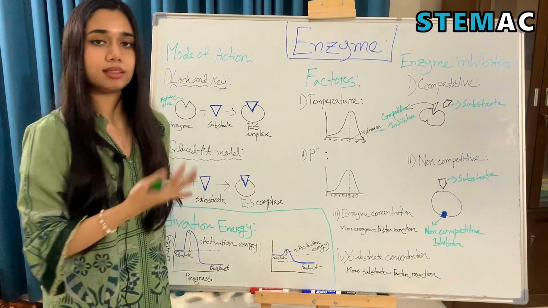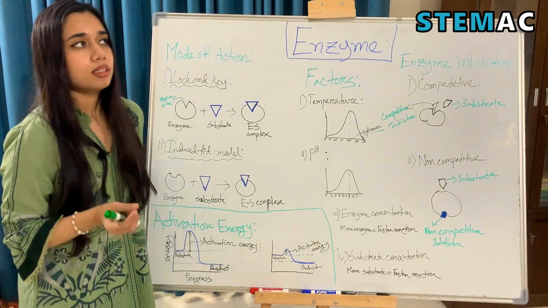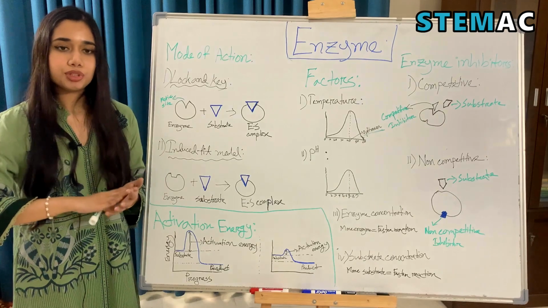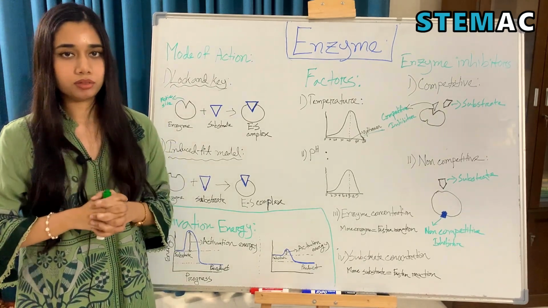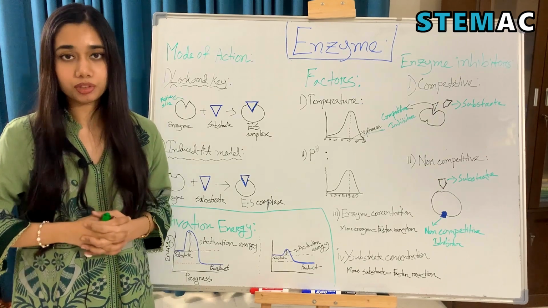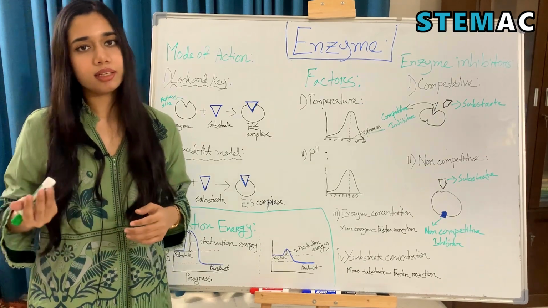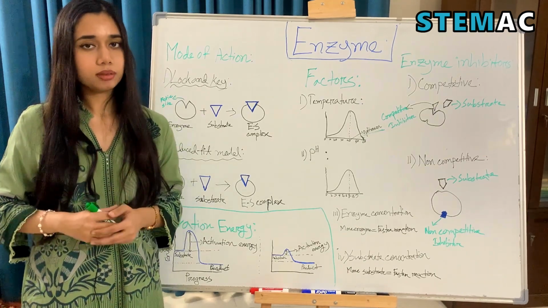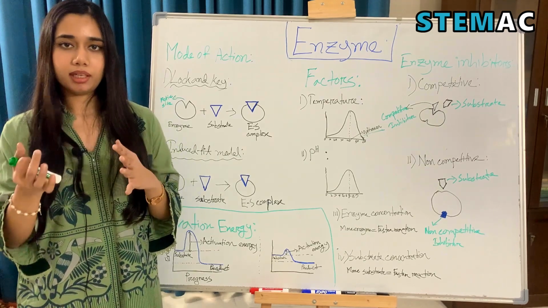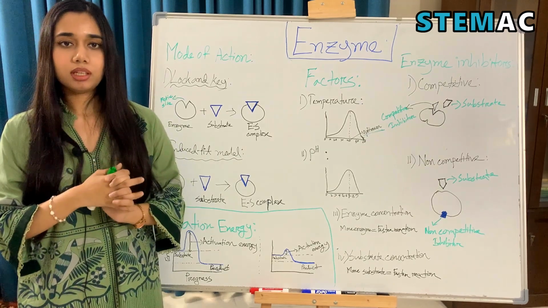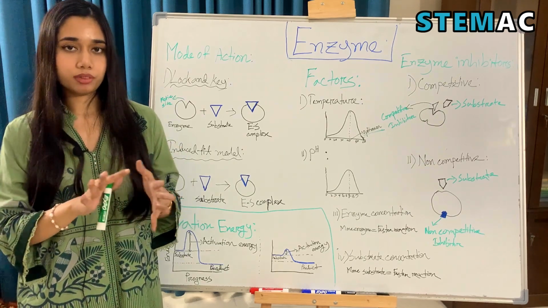Now, why does this happen? We know that pH is a measurement of the hydrogen ion concentration in a solution, and hydrogen ions are positively charged, right? So, hydrogen ions are attracted by negatively charged ions, and they are repelled by positively charged ions.